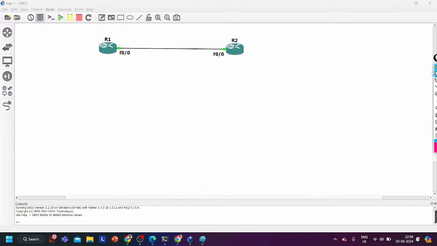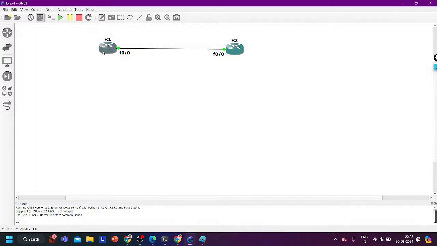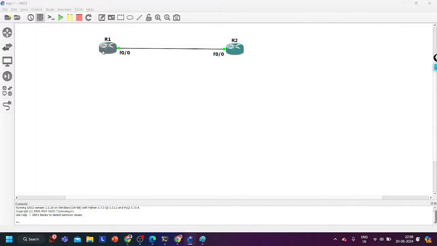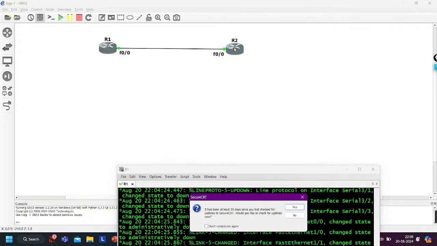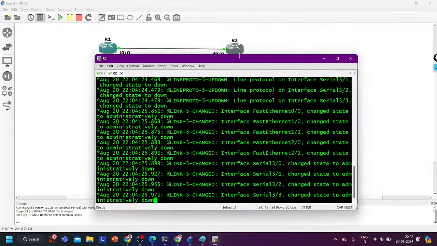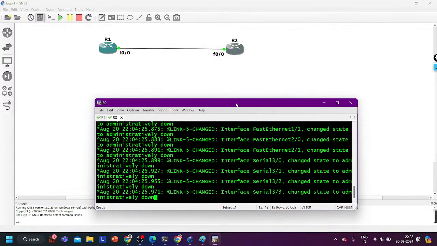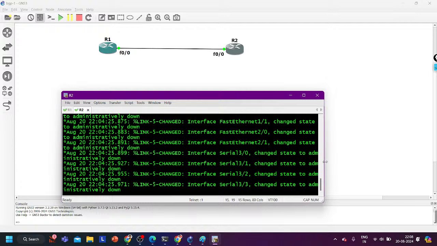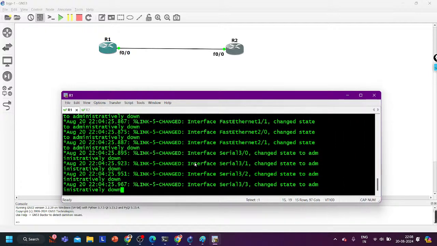So let me show you how to enable BGP so that you can also practice. R1, R2. Is the console visible?